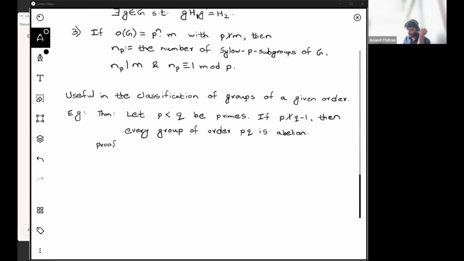Let's see a proof. So P and Q are primes dividing the order of G. Let G be a group of order PQ.